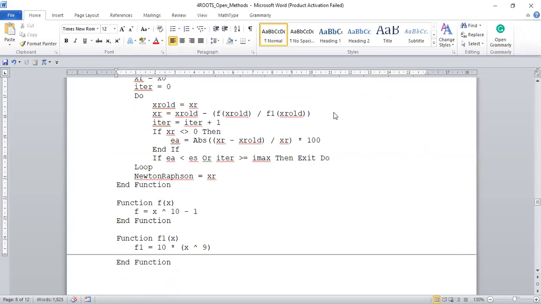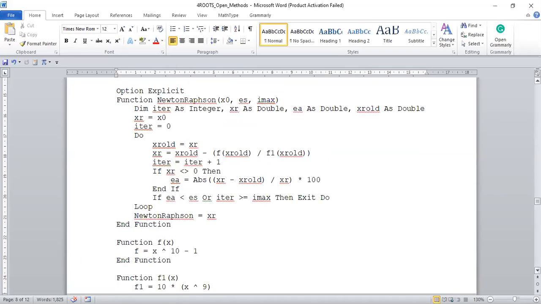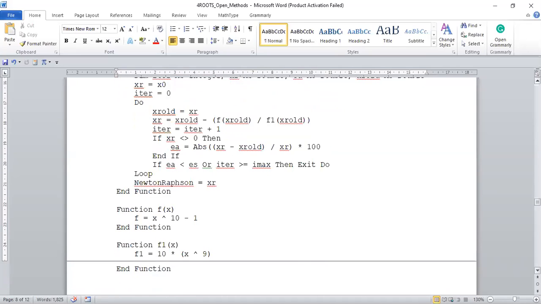Okay, another question. Is there not a code that does the derivative for us without inputting the derivative ourselves? That's a very great question, a very, very good question. You can search for a function that does the derivative for you instead of you having to do it yourself.